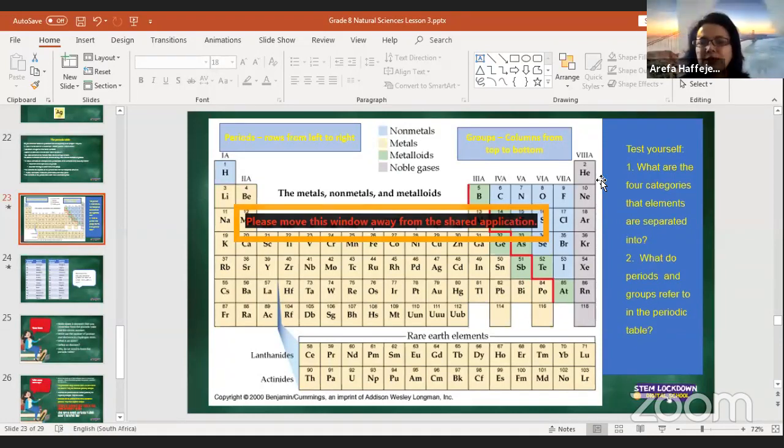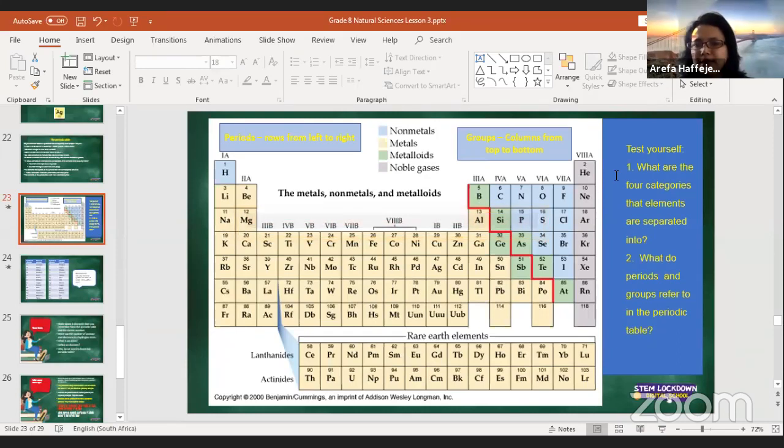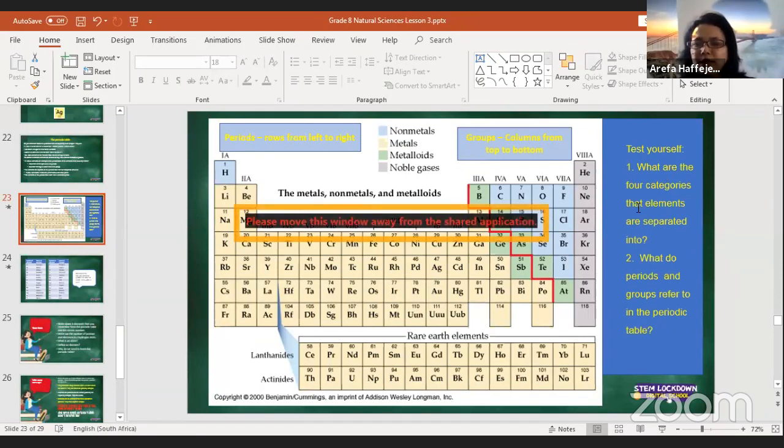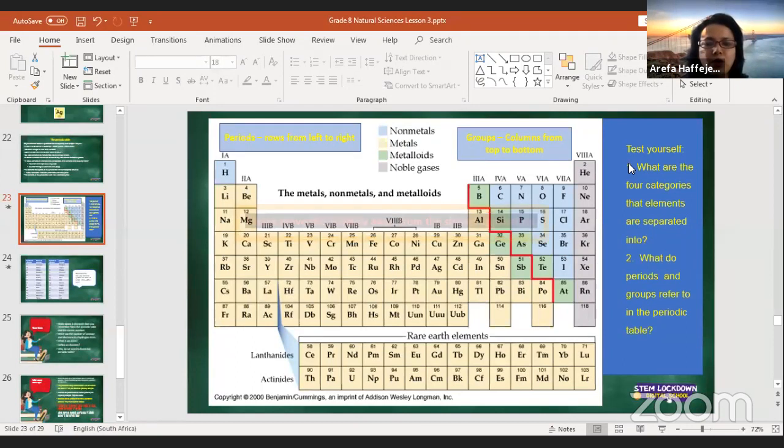So I want you to test yourself. You can either write it down or you can go to chat and type in your answers. I'm going to give you about 30 seconds to do that. Before we do that, what are the four categories that elements are separated into? Write down the four different categories that elements are separated into. And then what do periods and groups refer to in the periodic table? I want you to tell me what they refer to, the periods or the groups.